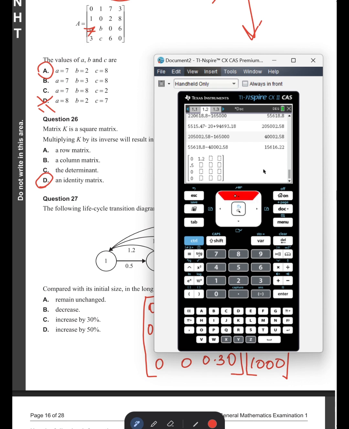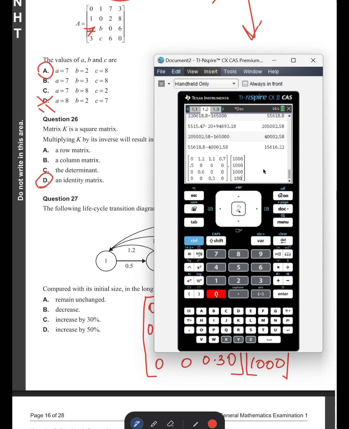I'm just going to go across actually. 1.1, 0.7, that's a 0, that's a 0, that's a 0, that is a 0.6, 0, 0, 0, 0.3, 0. And we're just going to multiply it by another matrix, this time a 4 by 1, and 1,000.